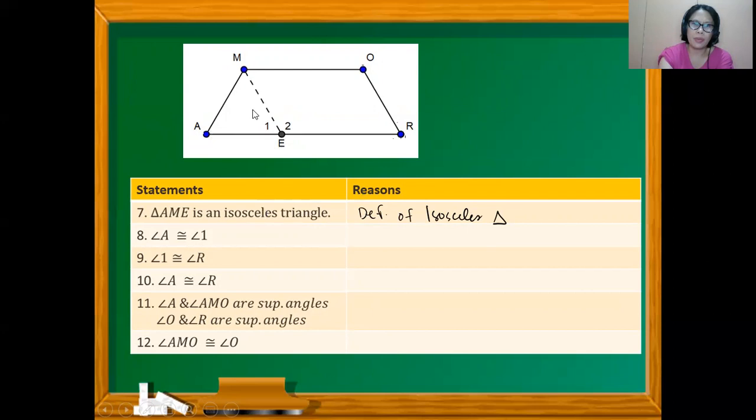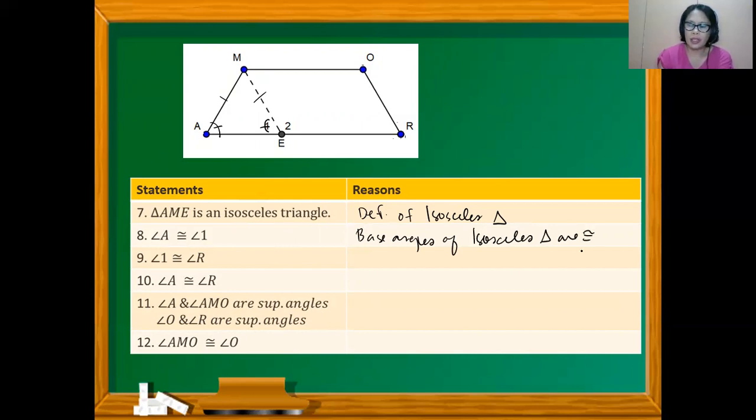So this is AME, and the two here are congruent. Now angle A is congruent to angle 1. The two here are congruent because they are base angles of this isosceles triangle. So base angles of an isosceles triangle are congruent.